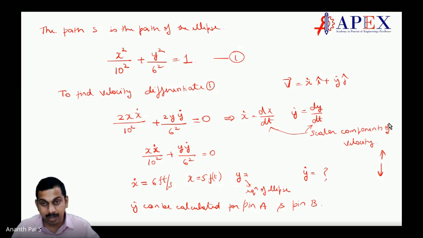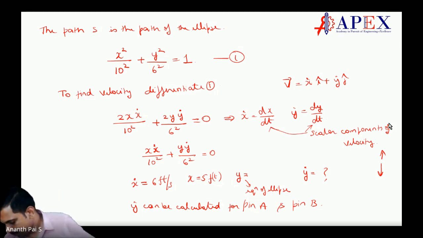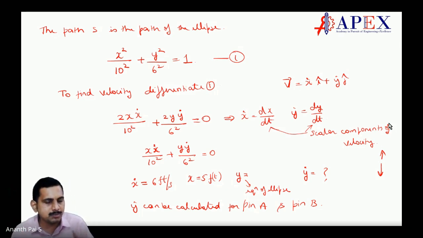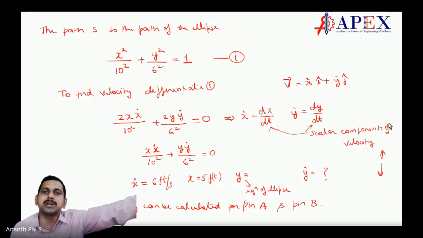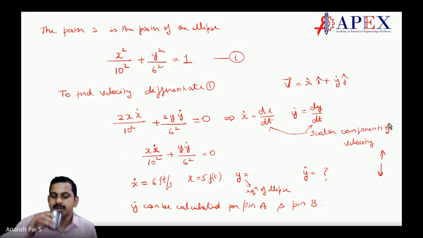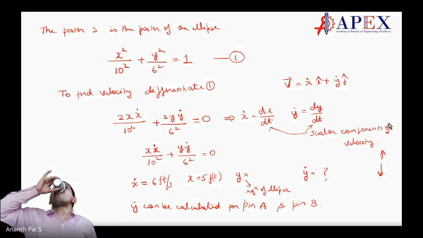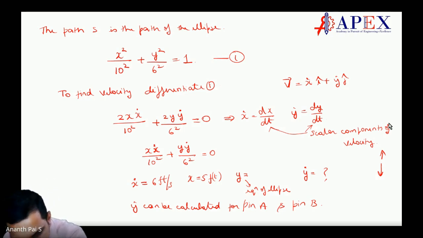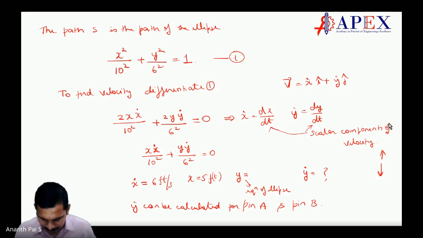The more we do, the more the concept becomes clear. And remember this: it comes as a model to solve difficult questions. Whenever a difficult question comes, you have to remember the questions we have done in our book and in our course, and then see whether that particular concept can be applied in solving the problem. Similarly, to find the acceleration, you differentiate again.